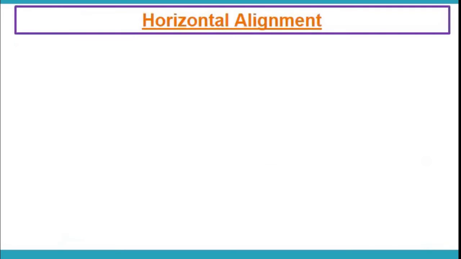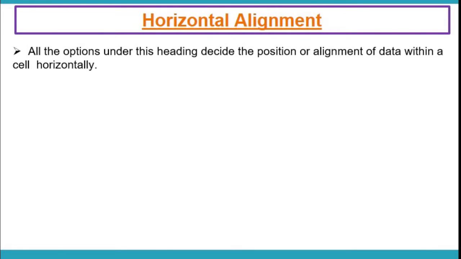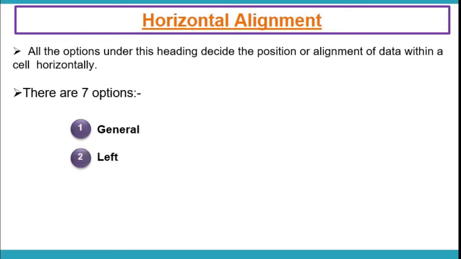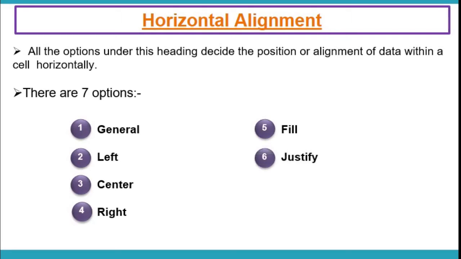Horizontal alignment. All the options under this heading decide the position or alignment of data within a cell horizontally. There are 7 options: General, Left, Center, Right, Fill, Justify, and Center Across Selection.